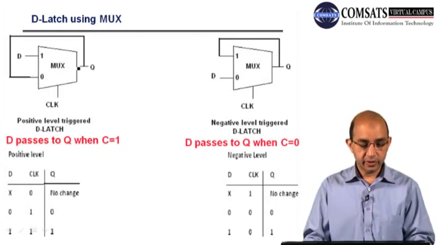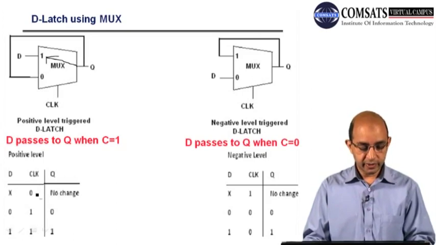So on the active level of clock, because we are talking about latches, they are level sensitive. On the active level of clock, this switch will be connected here and D will be transferred to the Q, or Q will be following D. You can see the table over here.